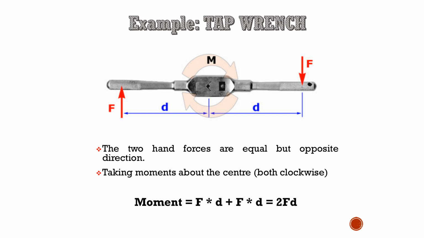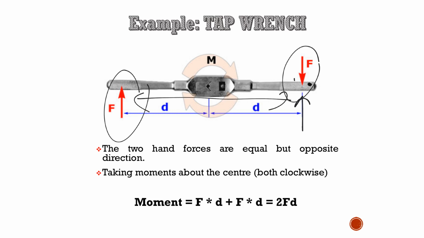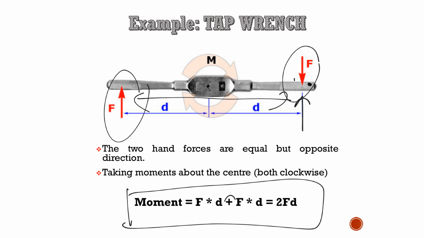So this is one example of a couple, which means you have two parallel forces that don't share the line of action. Please take note, line of action means the force. If your forces share the line of action, it should be here. But here the couple doesn't share the line of action; they are separated by a lever arm. Why does this become positive?